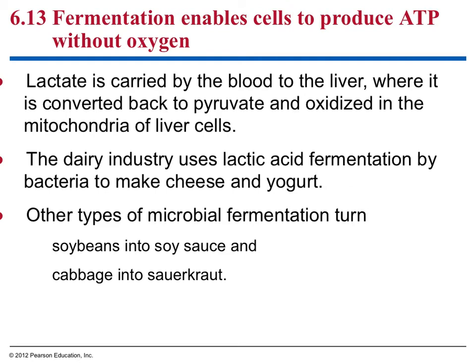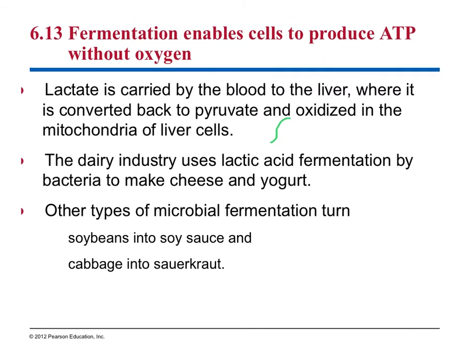So let's go ahead and look back to here. In lactic acid fermentation, the lactate that's produced through that process is carried in the blood to the liver. And then the liver converts that back to pyruvate and it is ultimately oxidized in the mitochondria of liver cells. You're familiar with lactic acid fermentation.